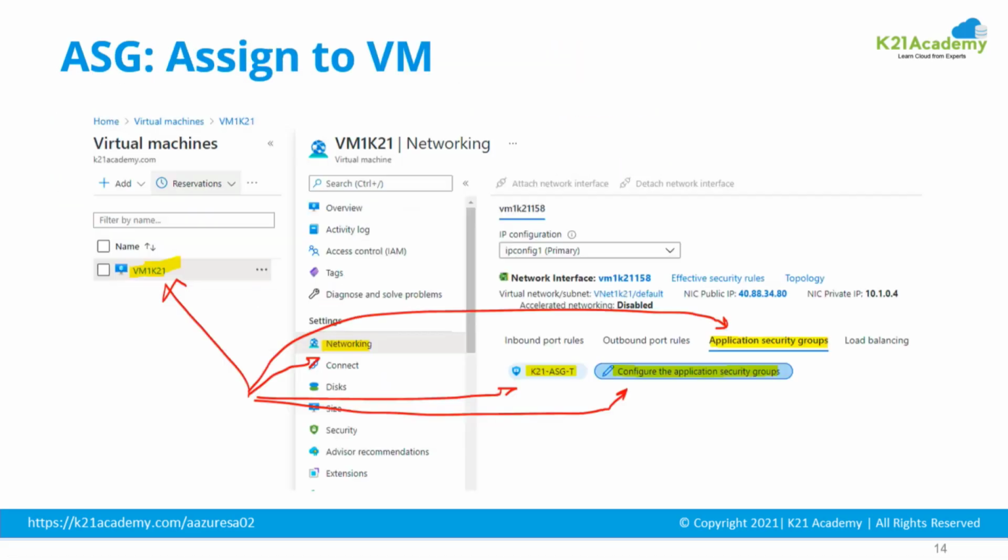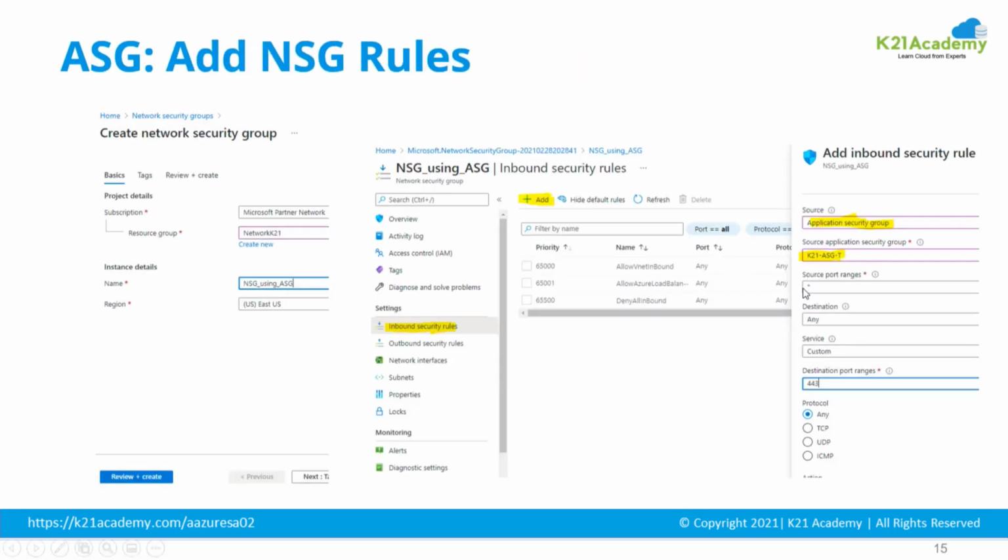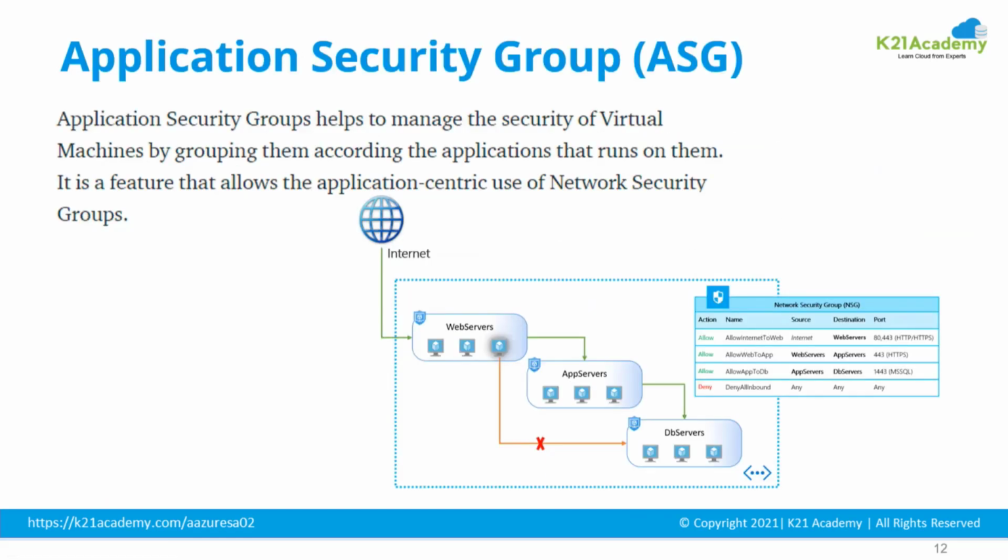And then later you can use these application security groups in the network security group rules as the source. So you say app servers allow connections on port, whatever the app server port number is, for example 8080, but only from the application security group web server. That way you don't need to specify the source IPs of these web servers in the firewall rule. Let me explain what I mean by that.